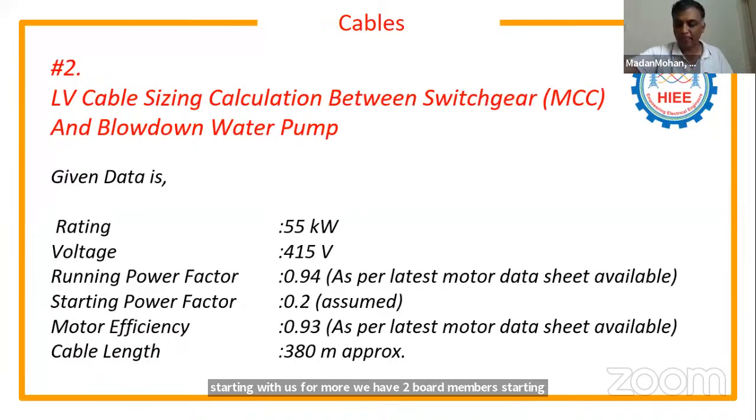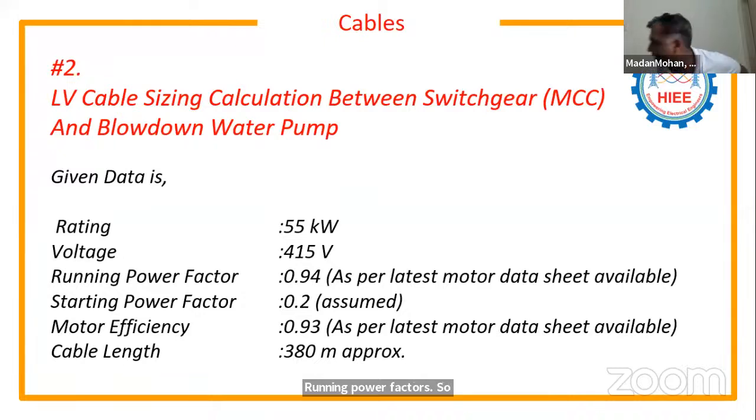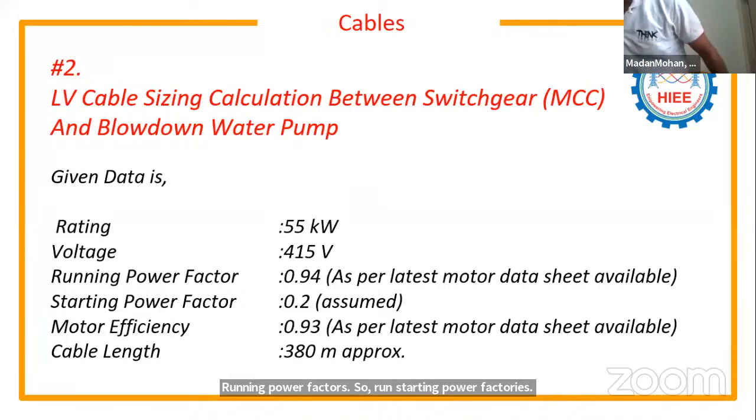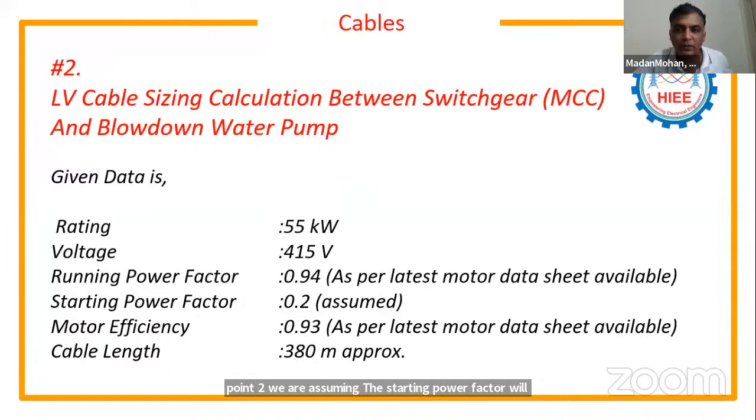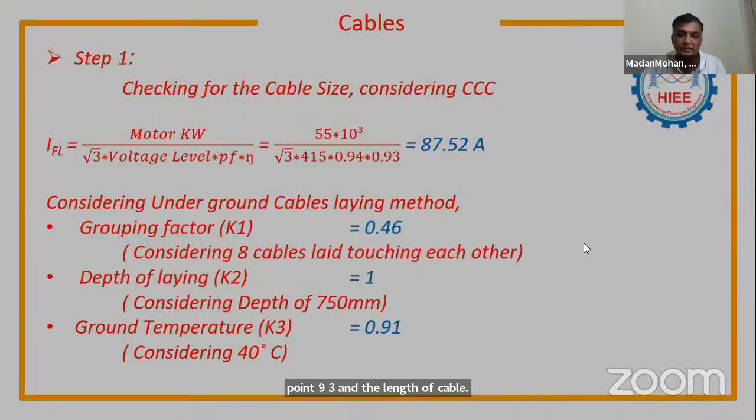The running power factor is 0.94 as per the motor data sheet, and the starting power factor we assume will be 0.2. I'm taking the motor efficiency as 0.93, and the length of cable from starter to motor is approximately 380 meters.